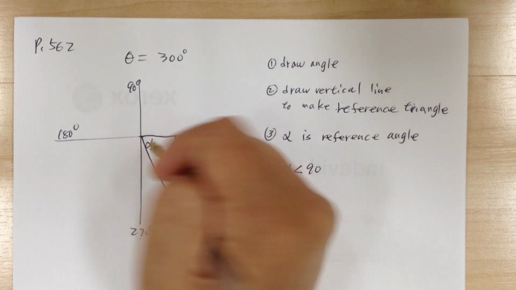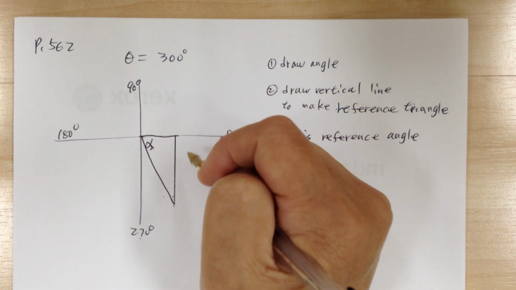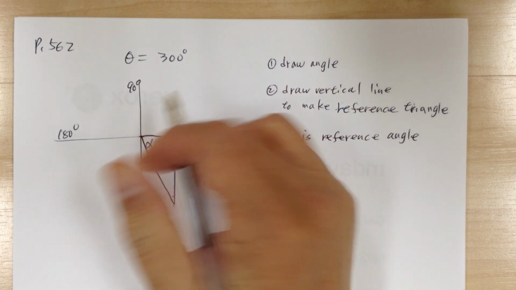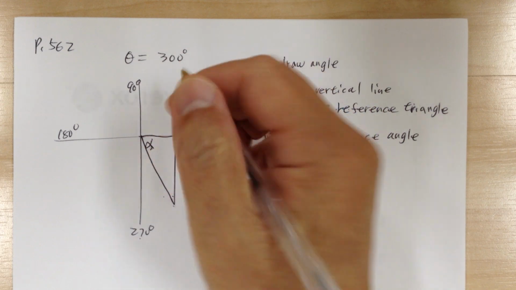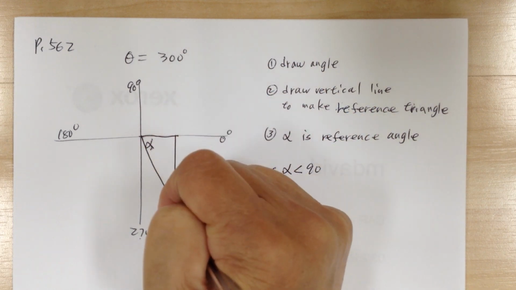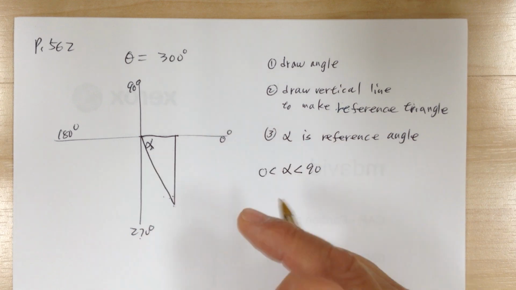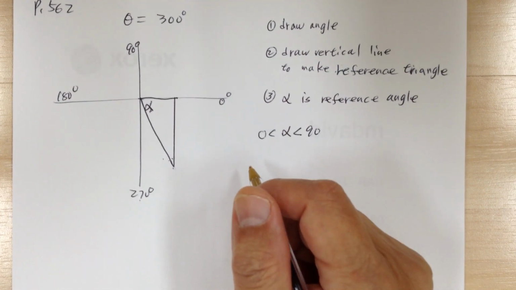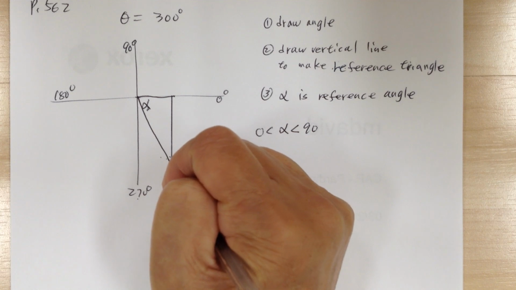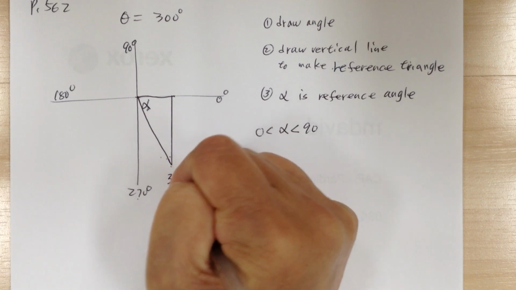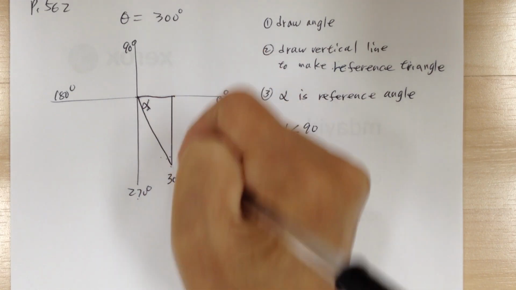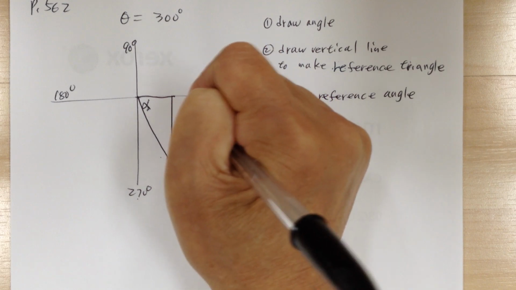Now to figure out this angle, you have to use the terminal side minus the beginning side. So use the higher number minus the lower number to get alpha. In this case, this is the 300 degrees, so you have to use the high number, which is 360.